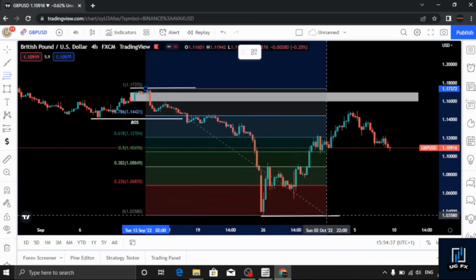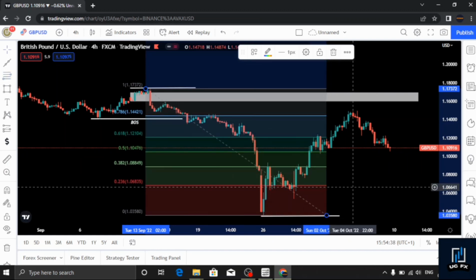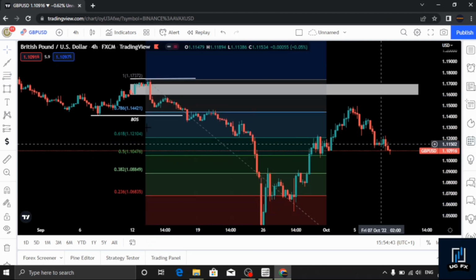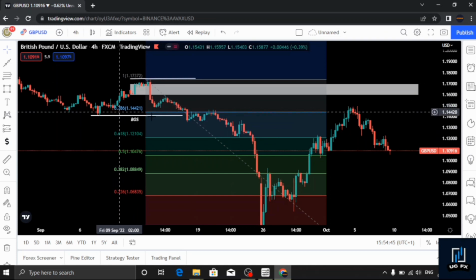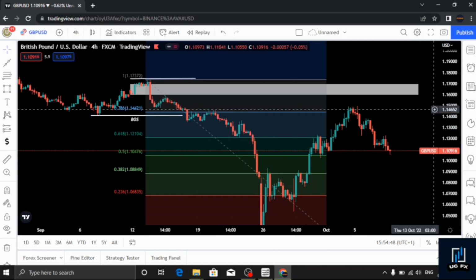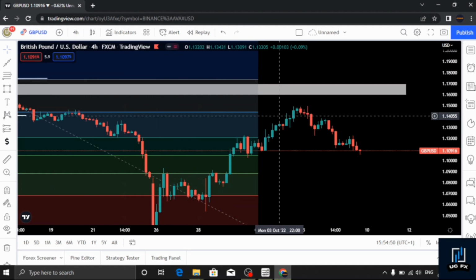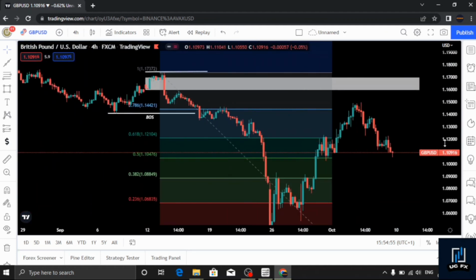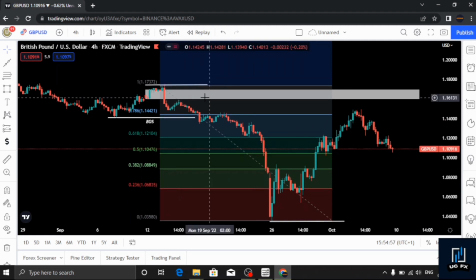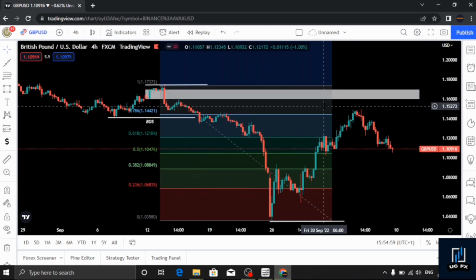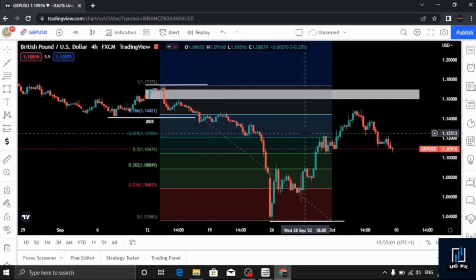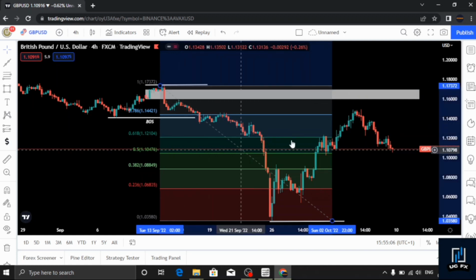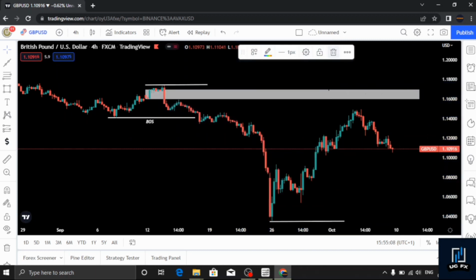You need to make sure that price is at a discount level. Just like I normally say, our discount levels are 0.681 and 0.786 of the Fibonacci. As you can see, price is sitting at our discount level. So what next? You need to start refining your order blocks after knowing that price has tapped into this discount level. So let's refine lower to know when we can start taking our entries.